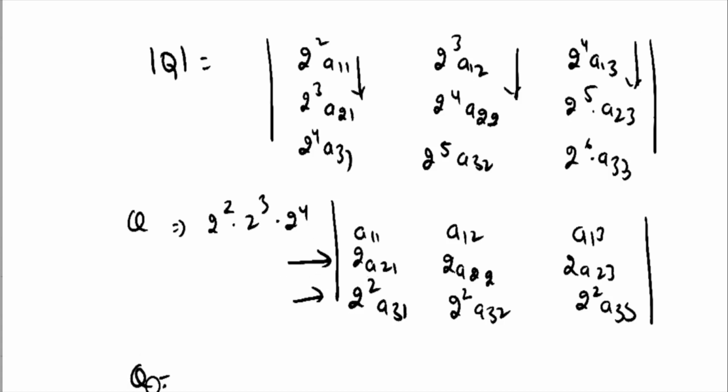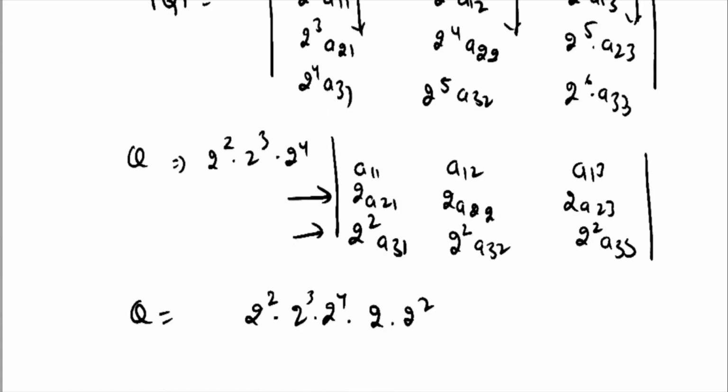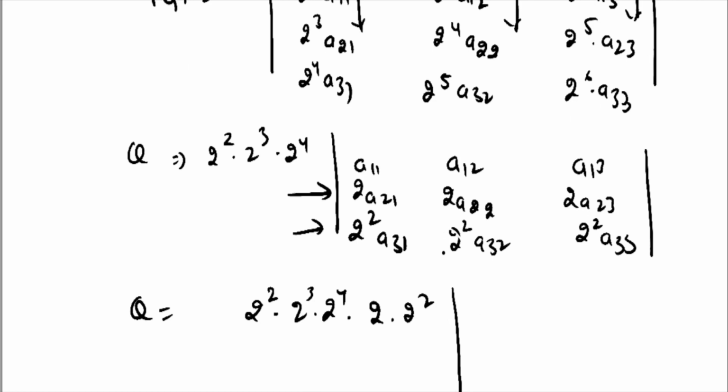So here we have Q is equal to 2 square into 2 raised to power 3 into 2 raised to power 4 into, here we will take 2 common and, here we will take 2 square also common. So finally here we have A11, A12, A13, A21, A22, A23, A31, A32 and A33.